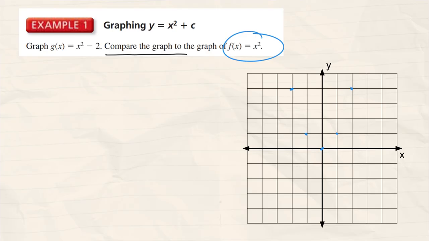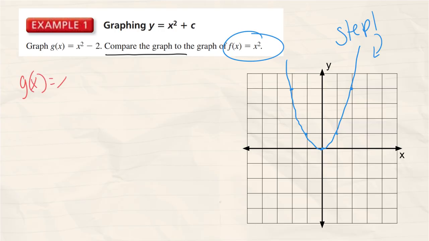Let me try to graph this parabola. Now step 1 is done, which is graphing the parent. For a comparison, we're now going to create a table with g of x equals x squared minus 2.